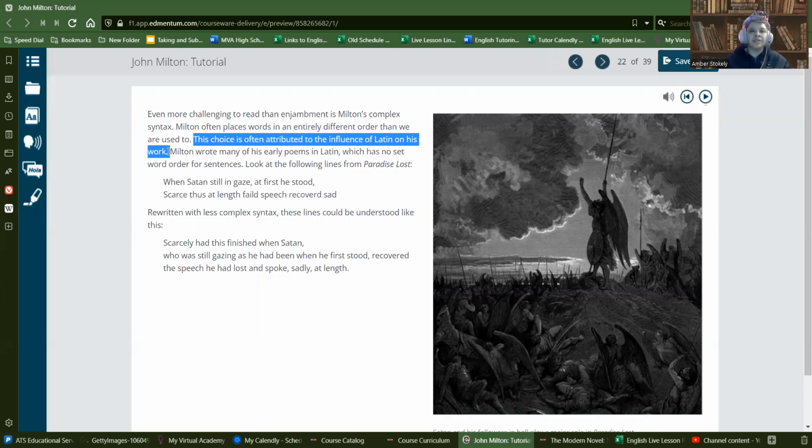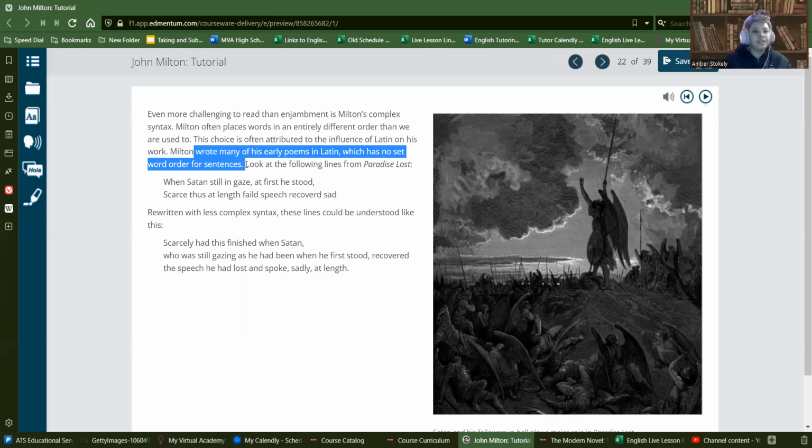Usually you don't get the subject at the beginning. You get like the adjectives and things first, then you get the subjects. And it says that he wrote a lot of his early poems in Latin, which has no set order for sentences. So they give you that information.